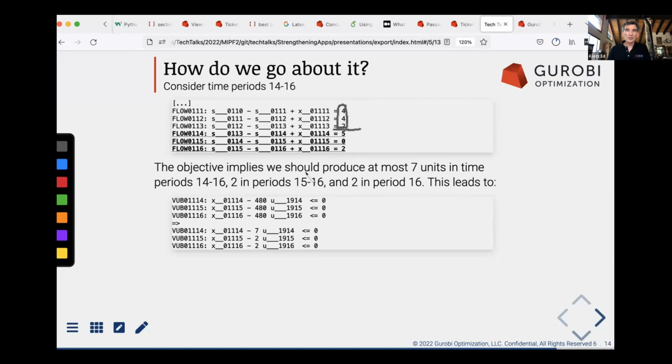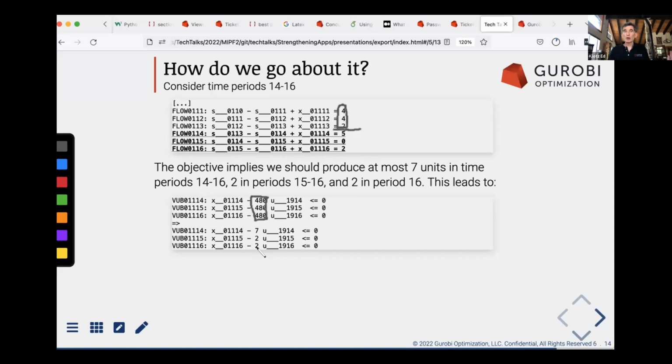So what this is telling us is we need to produce 7 units in time periods 14 to 16, 2 units in 15 to 16, and 2 in period 16. Okay, that is so much less than this worst case scenario. We can just use those values instead. So instead of the 480 coefficients, we change them to 7, 2, and 2 respectively.